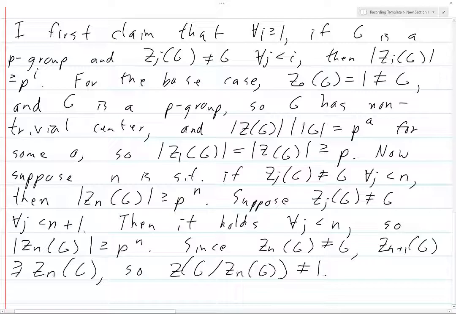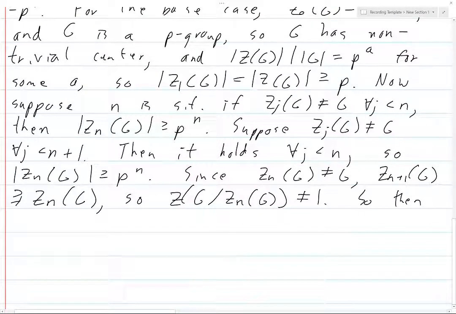So remember, G mod Z_n(G) is a quotient of p-groups, and so it's a p-group, and it's not 1. So it's of the form p^m for some m greater than or equal to 1.